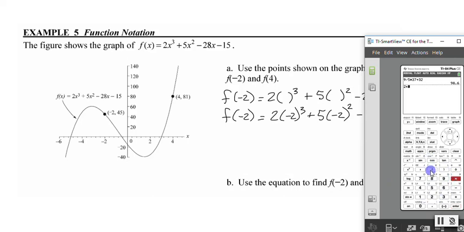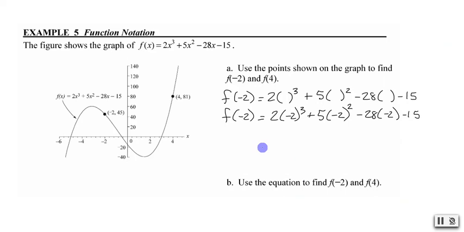So it's 2 times parentheses negative 2, exponent of 3, and then arrow right to get out of the exponent there, plus 5 times negative 2 squared minus 28 times negative 2 minus 15, and so we get 45. All right, so f of negative 2 is 45.